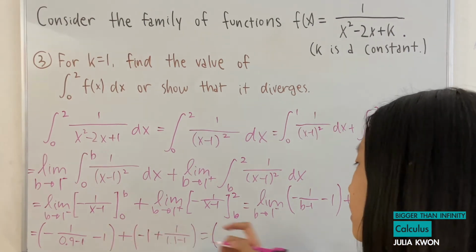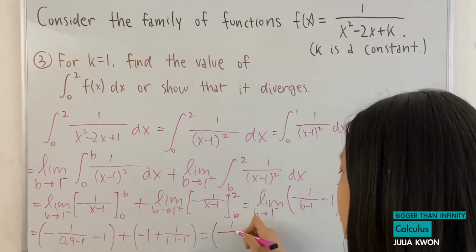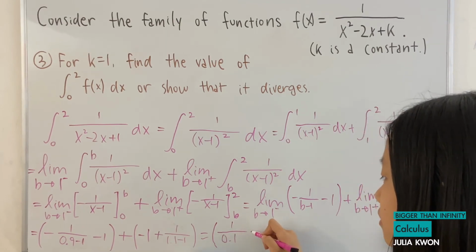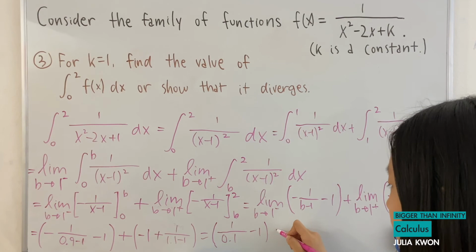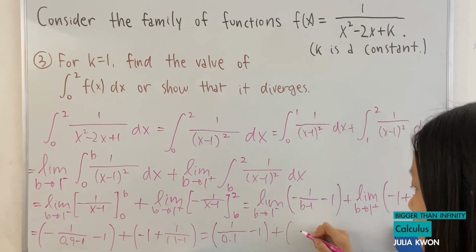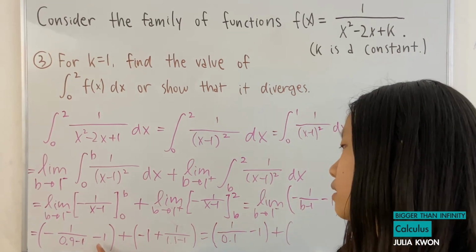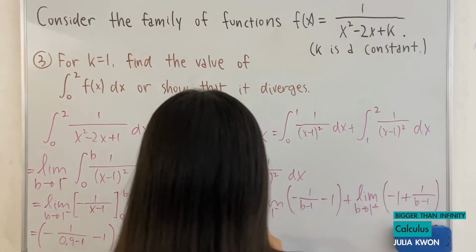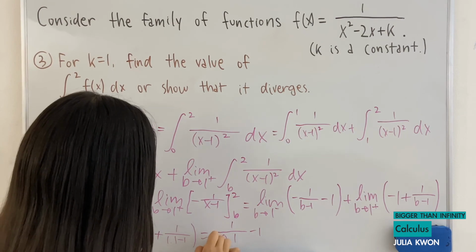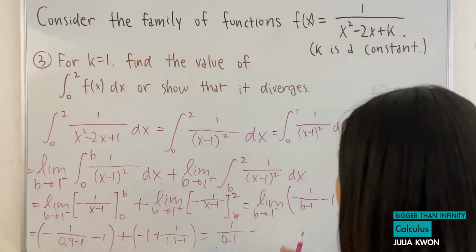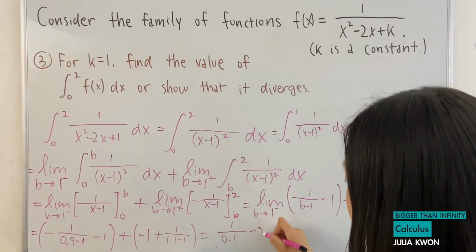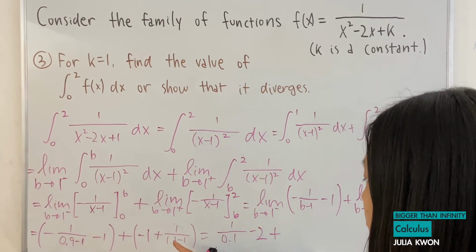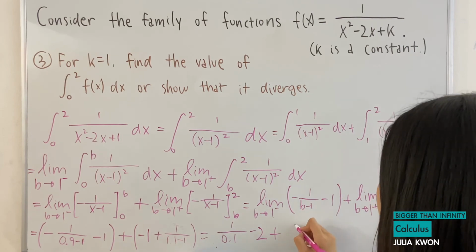But since we have the negative there too, we just have positive 1 divided by 0.1 minus 1. Actually, I'm going to combine these two negative 1 values, so that way we don't need the parentheses anymore. We would have negative 2, and then plus, if we do 1.1 minus 1, we just have 0.1.